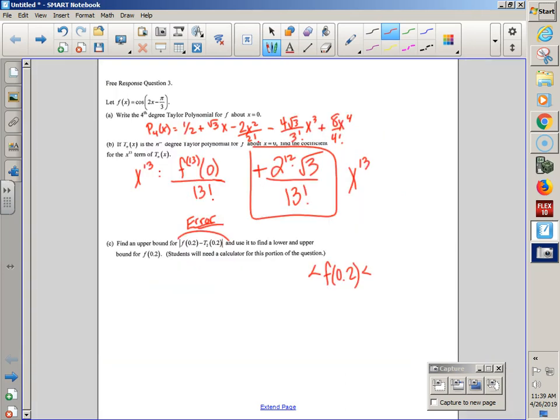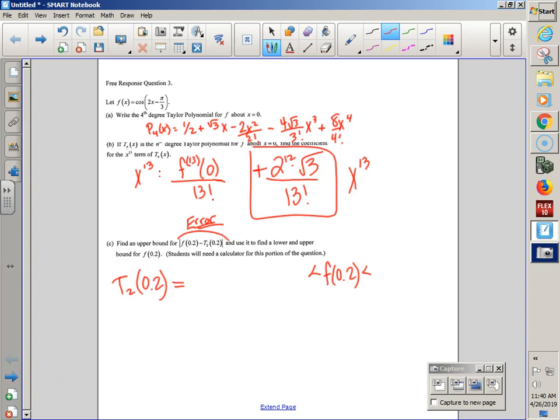In order to do that, we're going to need to use the second degree Taylor polynomial. Like we'll actually go up above and we'll plug in 0.2 to that Taylor polynomial, and we'll figure out what that approximate is. Now, they don't want us to actually just plug into f of 0.2 and figure out what that is.